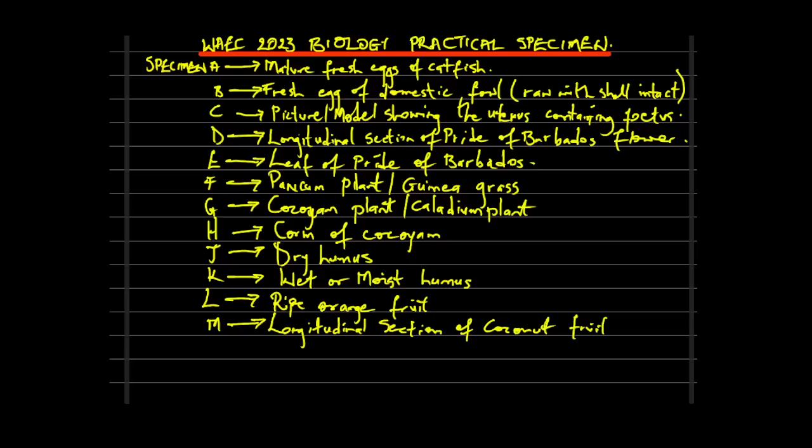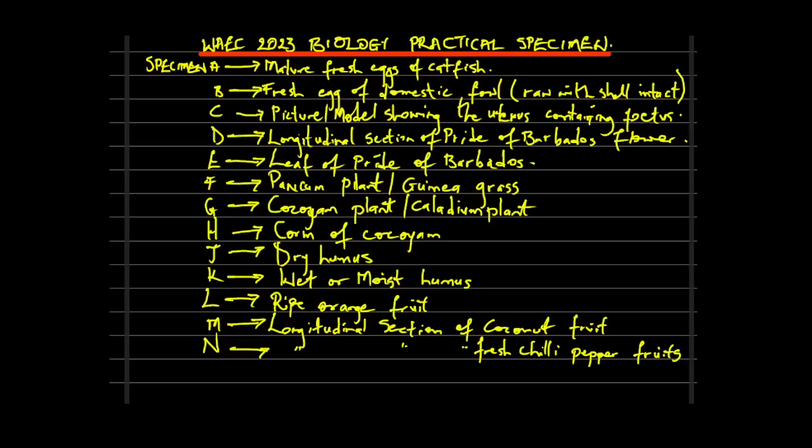And Specimen N, which is going to be our last specimen for this particular practical, is going to be the longitudinal section of fresh chili pepper fruits. So these are the specimens that we will be having for our practical.